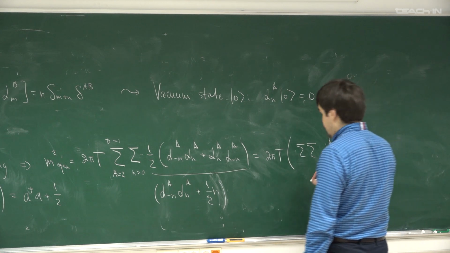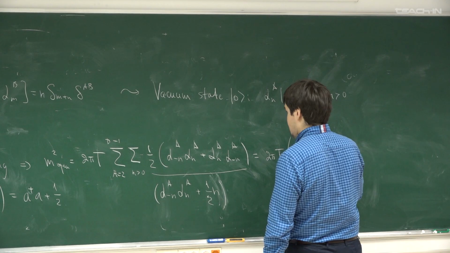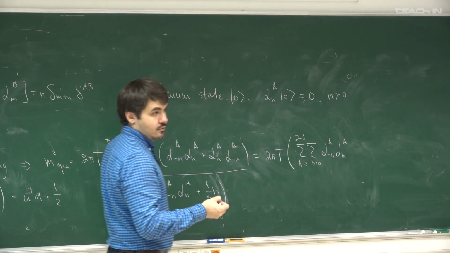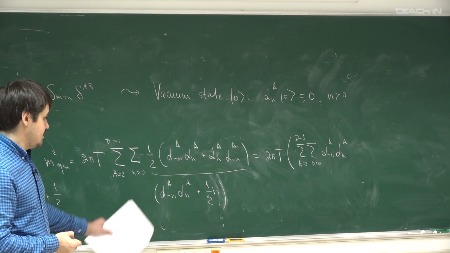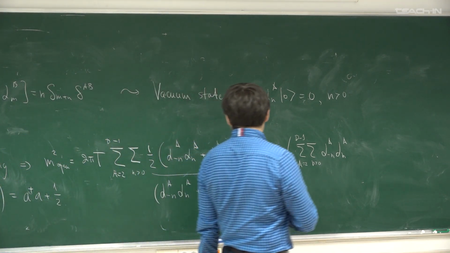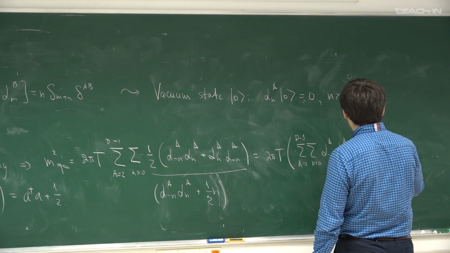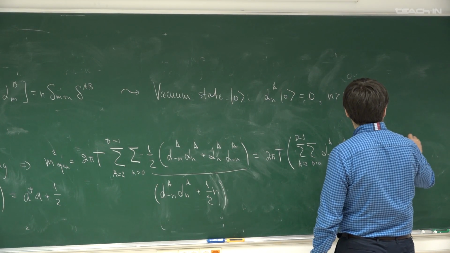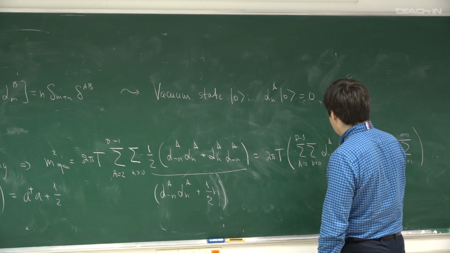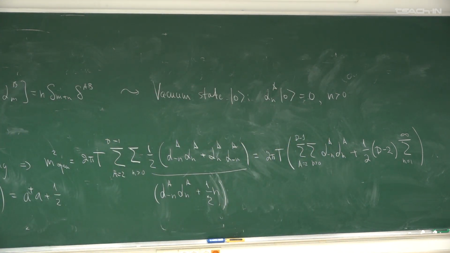It's still an infinite sum, but that's not a problem because we can always just consider states with a finite number of creation operators, and then this will always give a finite answer. But then we have this 1/2 (d minus 2) times the sum of n. So yeah, it's a divergent piece.